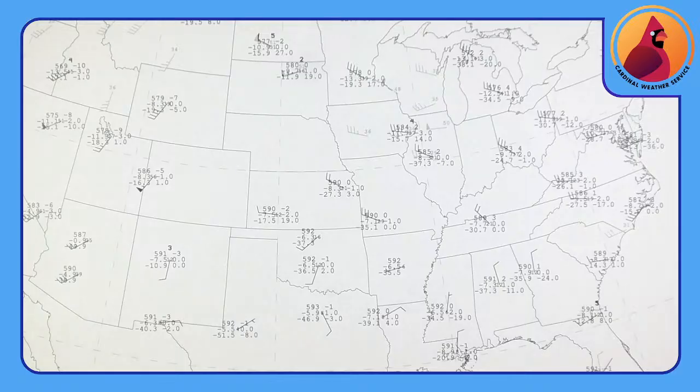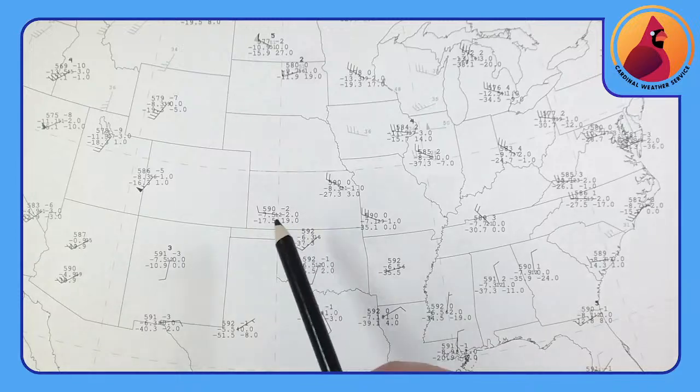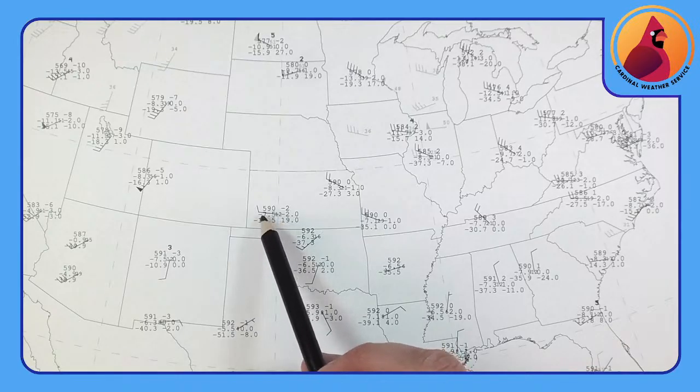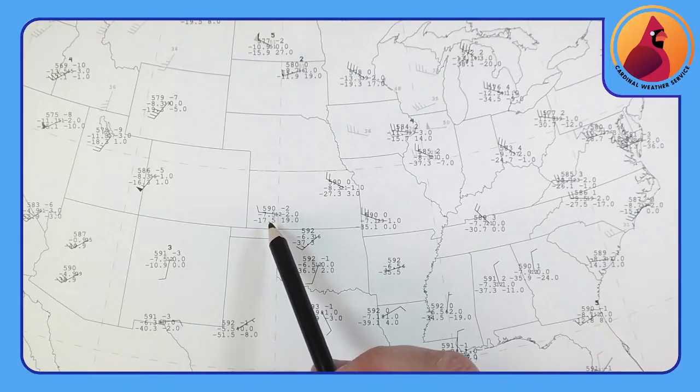So what I am going to do for the 500 millibar map, I'm going to contour the heights. Recall those are displayed to the upper left of one of these stations, showing the height in decameters, meaning tens of meters.